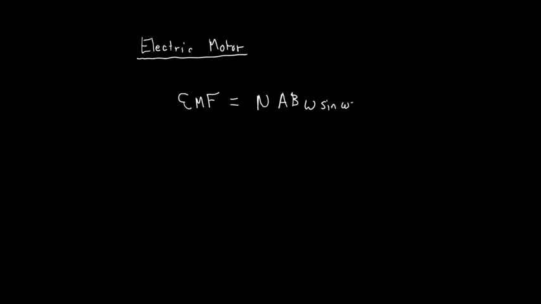This takes us back to some physics 1, where N is the number of turns in a coil of wire. This is how you create an electric motor. You coil some wires. The number of turns in the coil is N. A is the cross section of the coil.